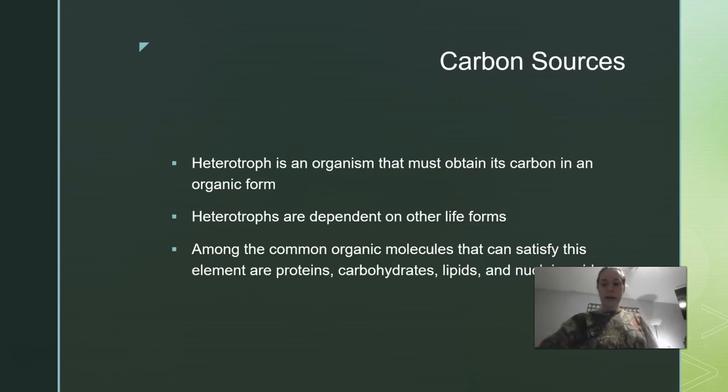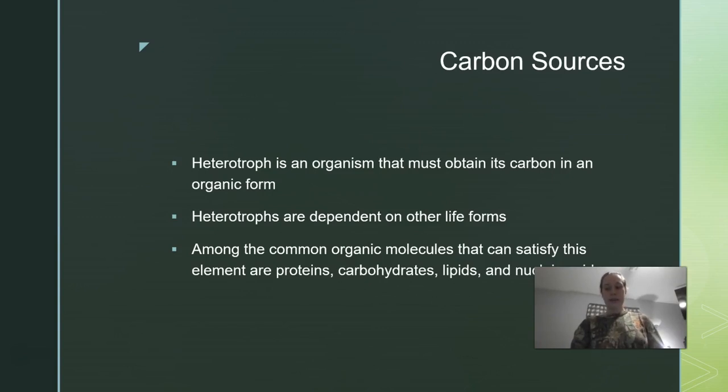All right, we're going to talk about the heterotrophs versus the autotrophs. So again, microbes have evolved in different strategies to obtain nutrients based on where they live. There are three main ways that they acquire the necessary chemicals for survival. Again, let's talk about the heterotrophs first.